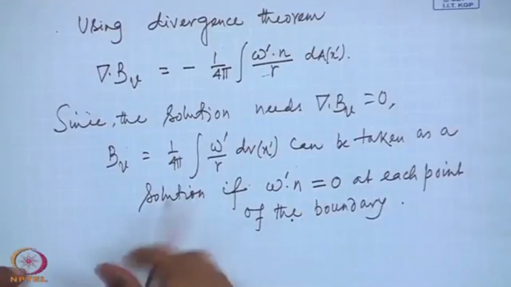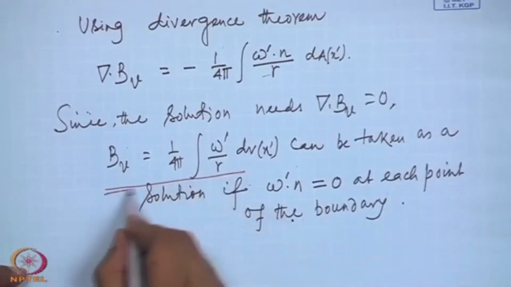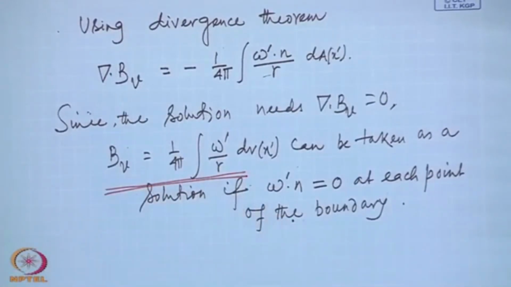If the specified vorticity is such that its normal component is 0 at the boundary, then this will be the acceptable solution. This will be the solution only when the vorticity distribution is such that it has 0 normal component at the boundary of the fluid.